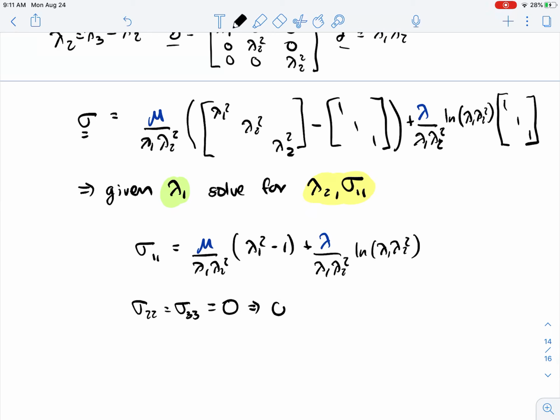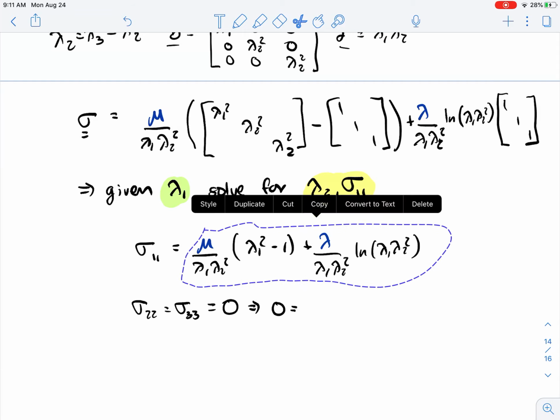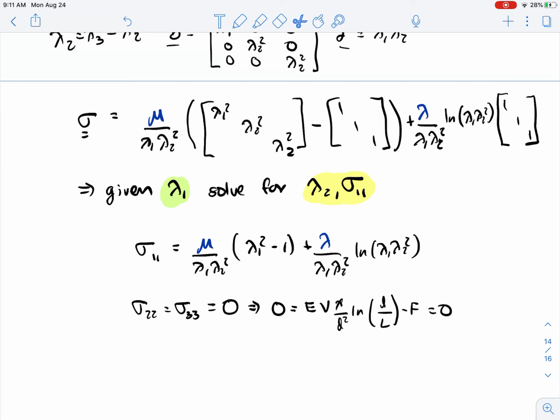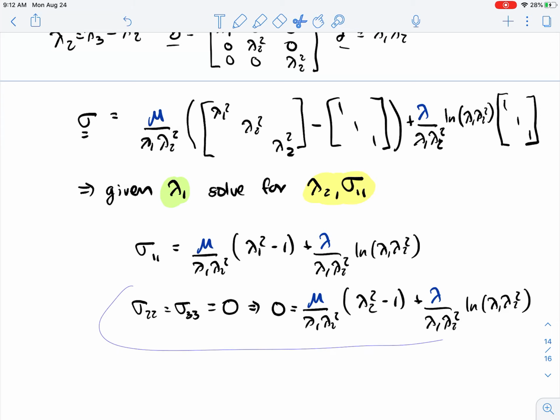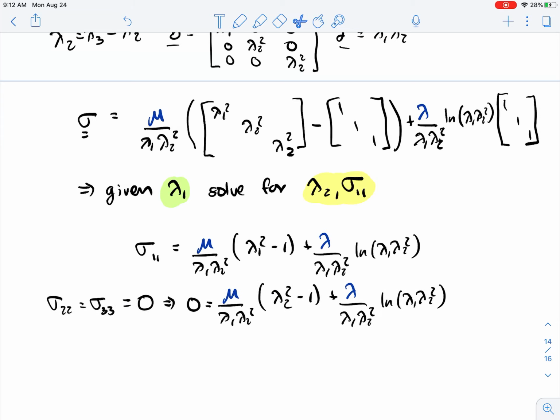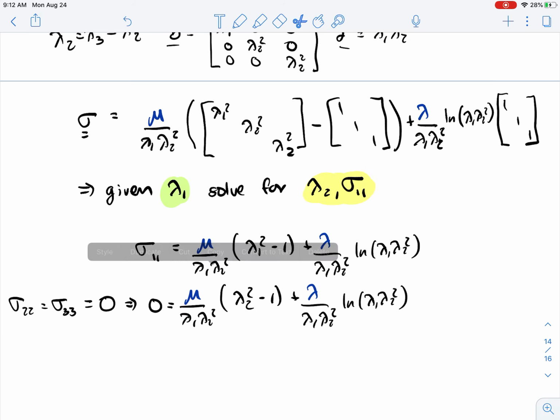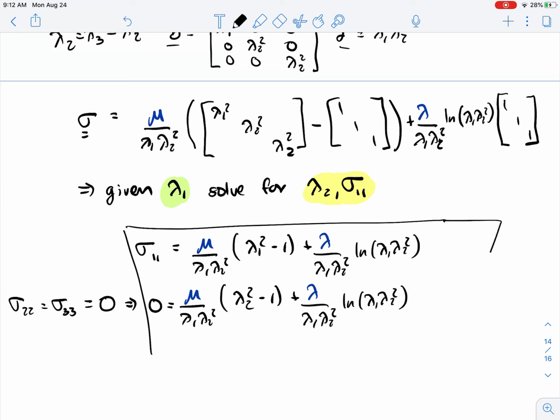So that gives us another equation, which is 0 equals, and it's pretty much like this one. The only thing that will change is this is going to be 2. And that's about it. So these are our two equations.